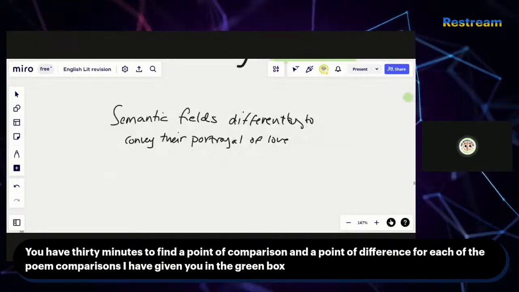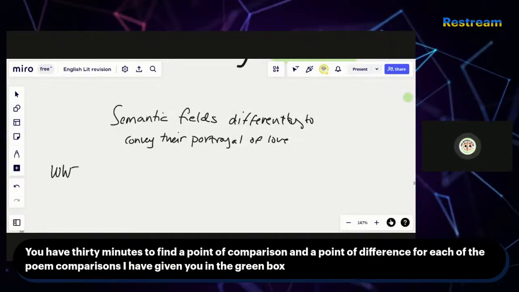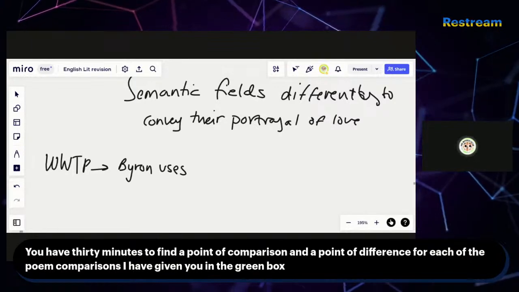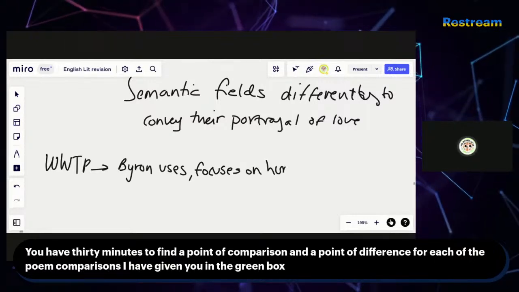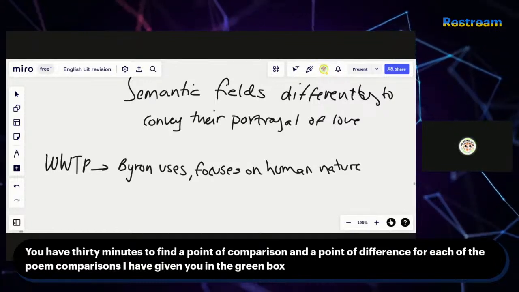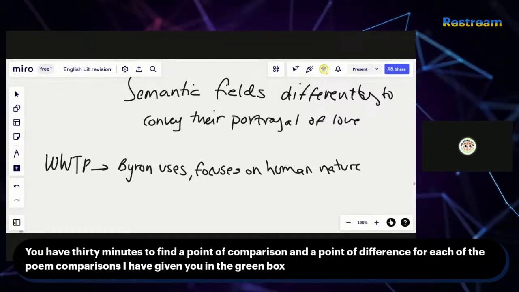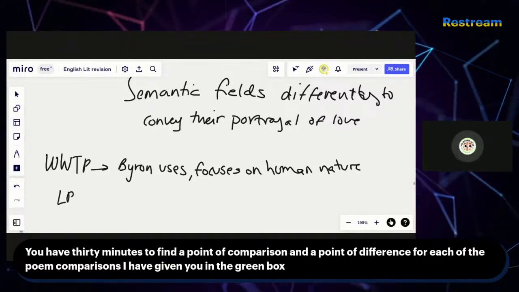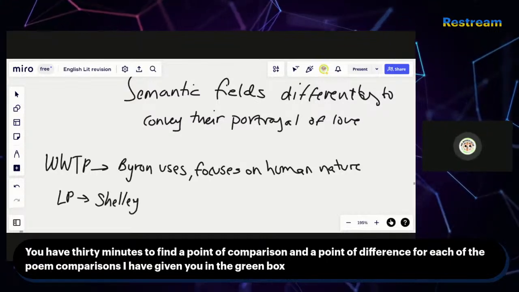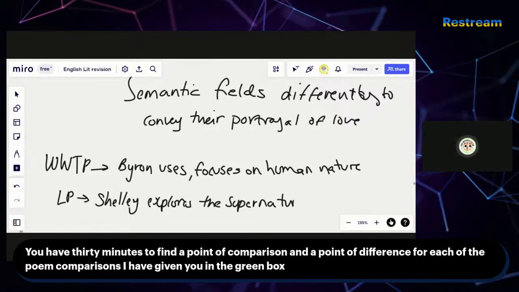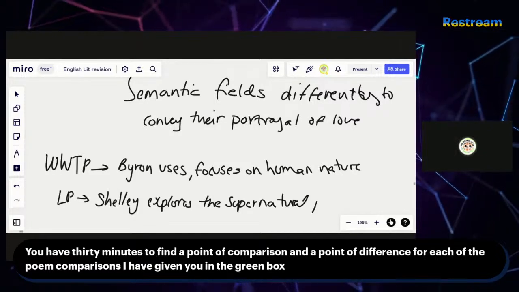What we mean here is that in When We Two Parted, in Silence and Tears, Byron focuses on human nature, whereas Shelley explores the supernatural nature of love, in Love's Philosophy.